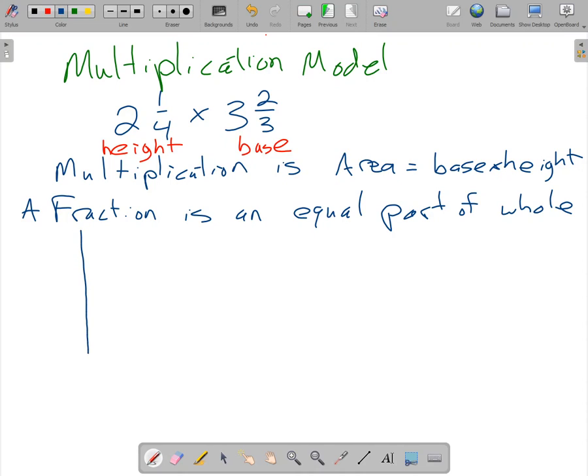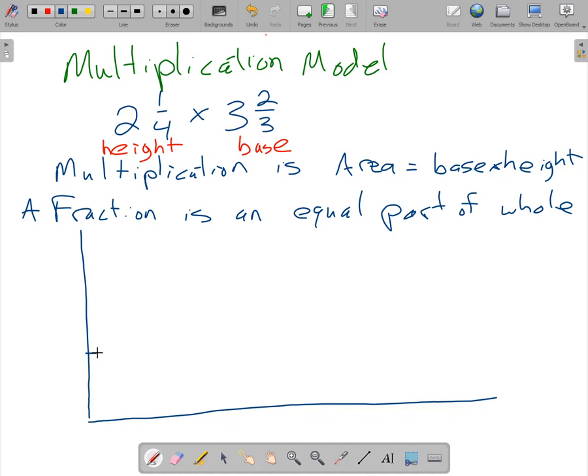So I'm going to draw myself a frame with a nice right angle. And I need to get 2 1/4 vertically on this screen. So let's say that's 1.